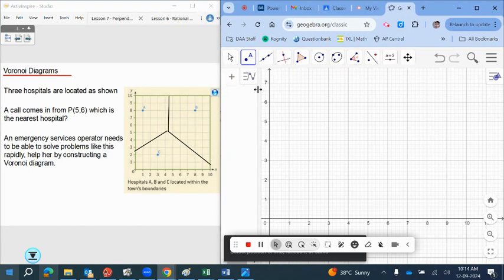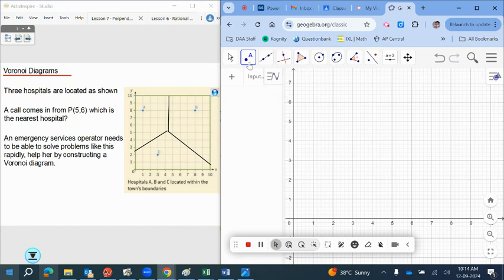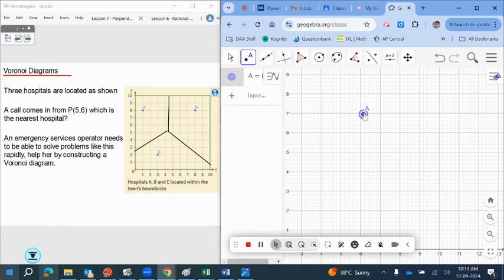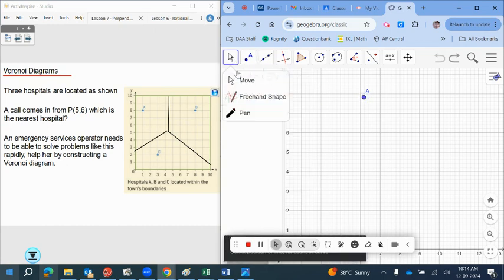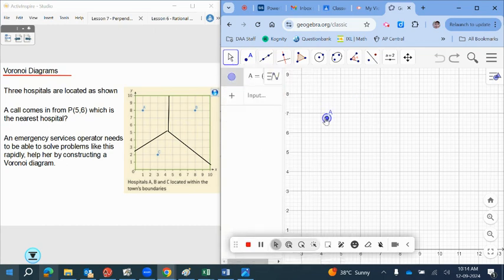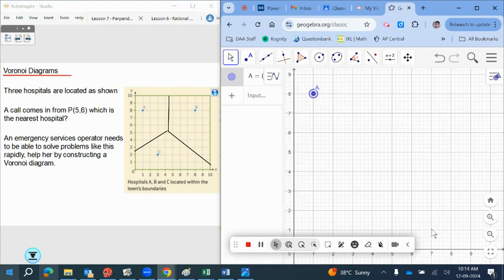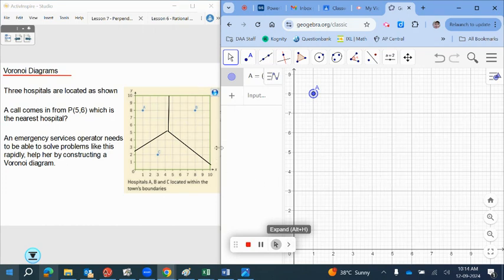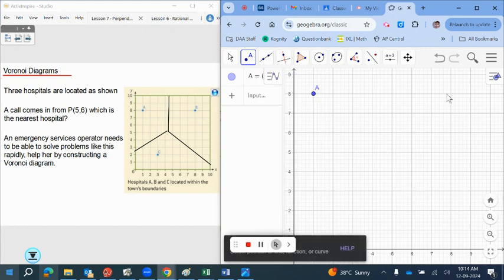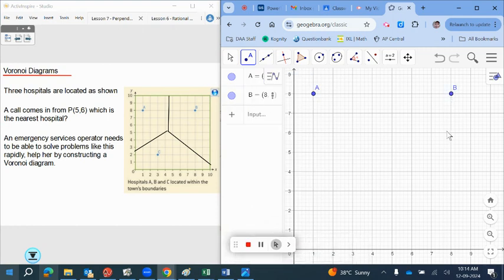The first point is going to be at 1, 8. Our next site is going to be 8, 8. And our last site is going to be at 3, 2. So we need another site here at 3, 2.